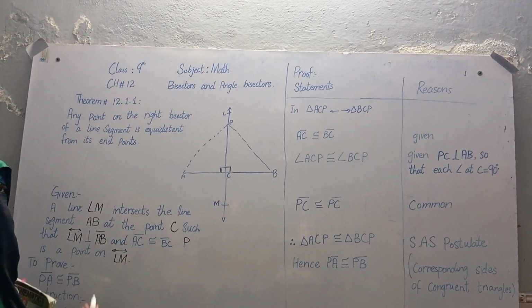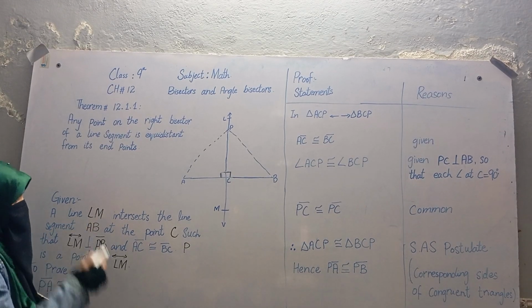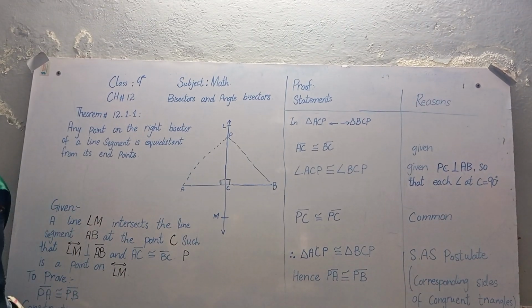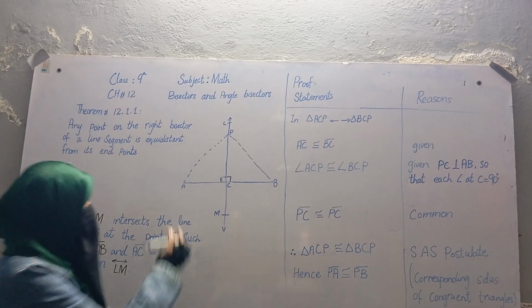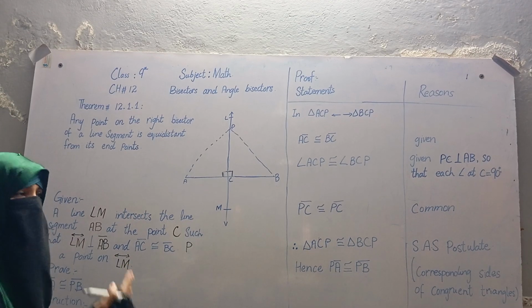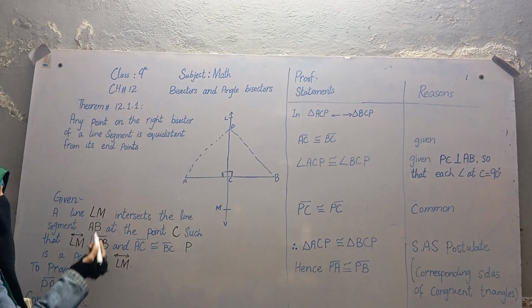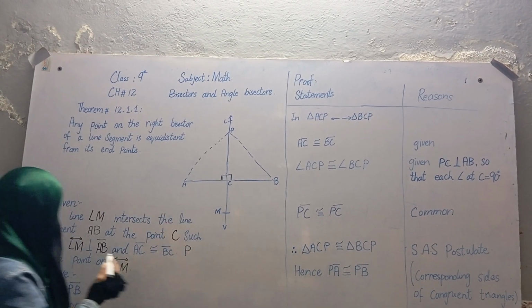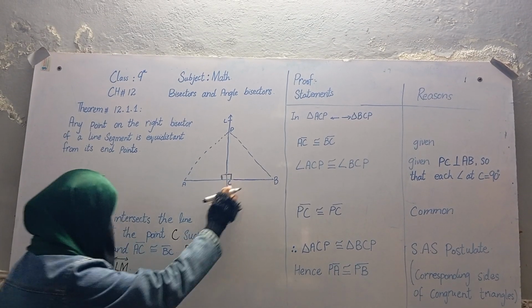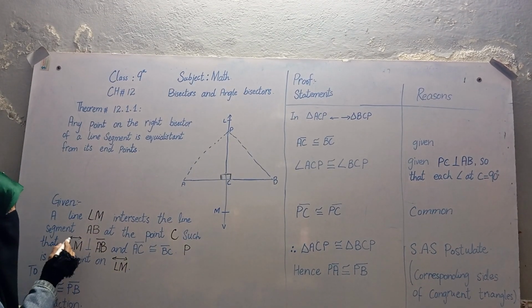Now, given a line LM, you can see that line LM intersects line segment AB into two equal parts. Understand? It intersects the line segment AB at the point C, such that LM is perpendicular to the line segment.